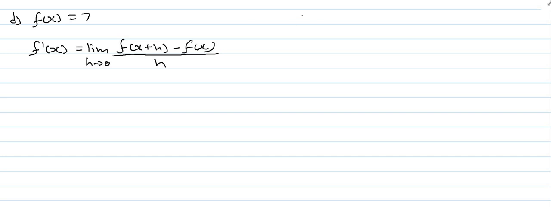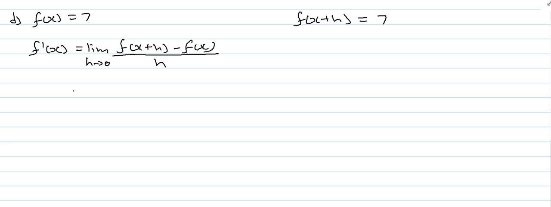So I said on the side, let's find f of x plus h. So from f of x, where we see x, we substitute x plus h. But f of x is 7, meaning f of x plus h will be 7.